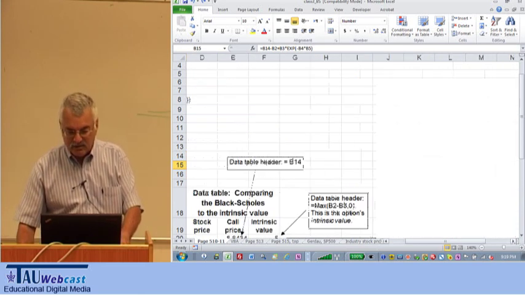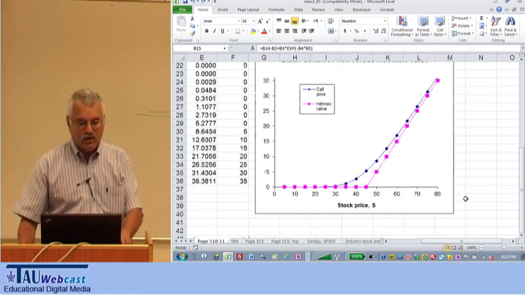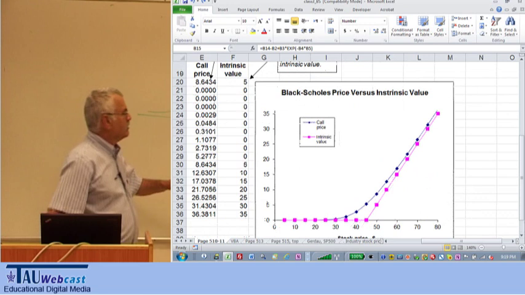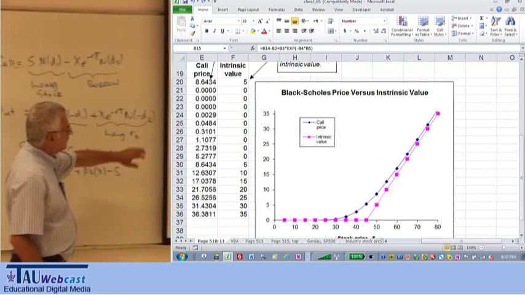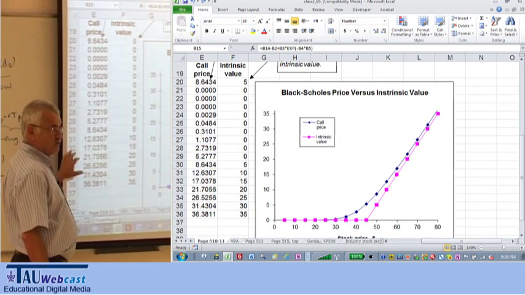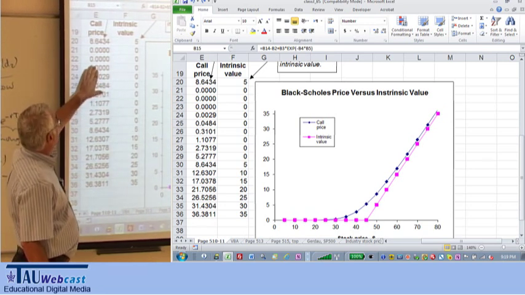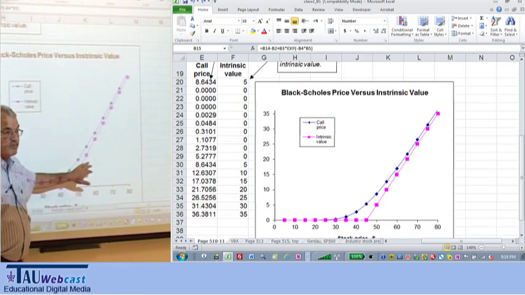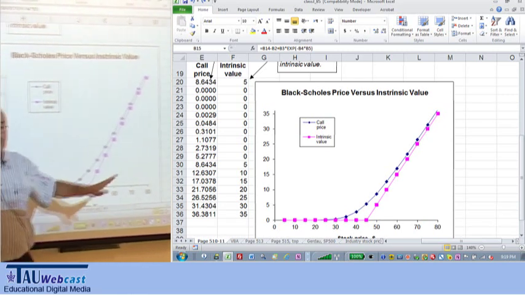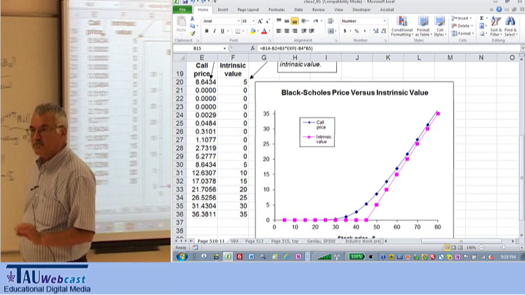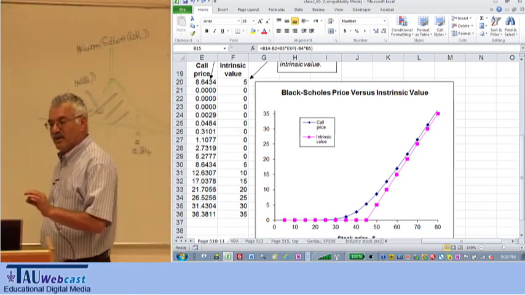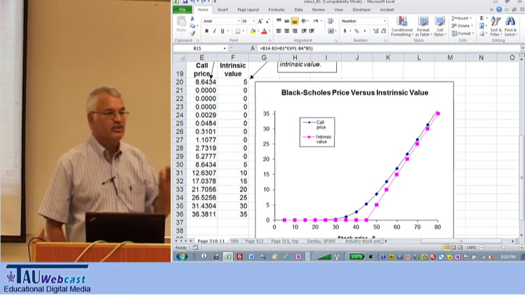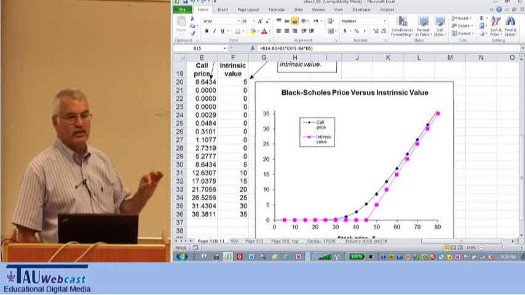You've got Excel. You can do all kinds of neat stuff like run data tables. And what do I see in this data table? I varied the stock price, and I computed the call price, and I computed the intrinsic value. By the way, I always use this data table to explain that in the case of Black-Scholes, it's not worthwhile to early exercise a call.